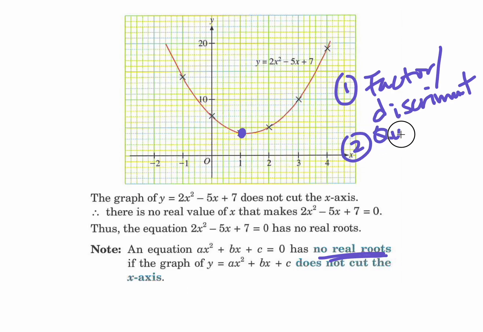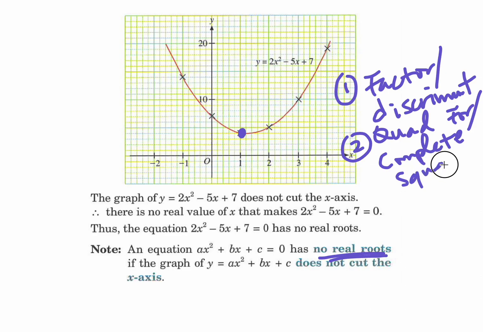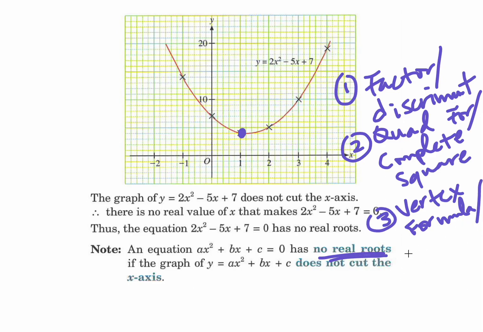And then you can use the quadratic formula or completing the square, if that's what you prefer. And then for the vertex, you can either use the vertex formula that we talked about, or you can find the y-intercept by plugging in x equals 0. So lots of different things you can do. It really depends on the problem and what's going on.